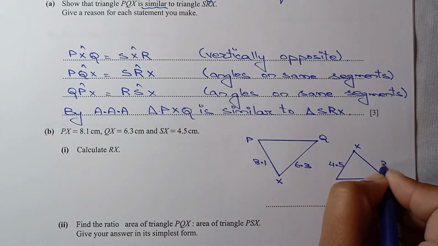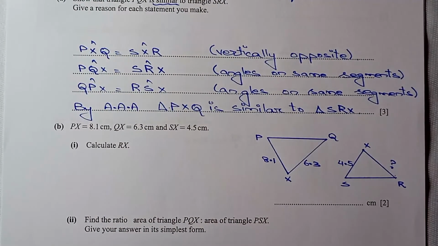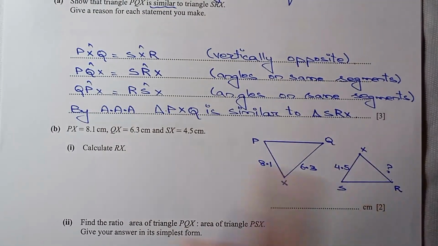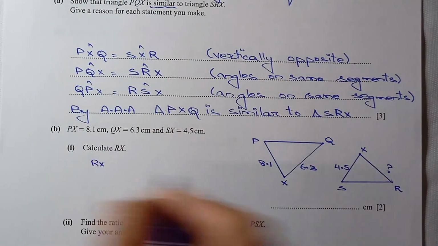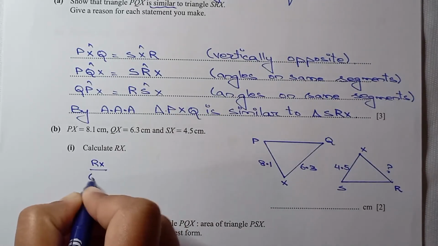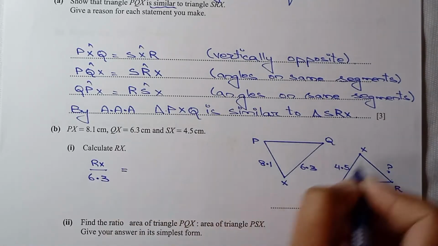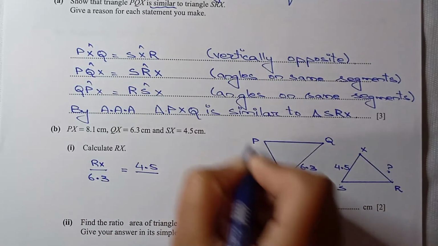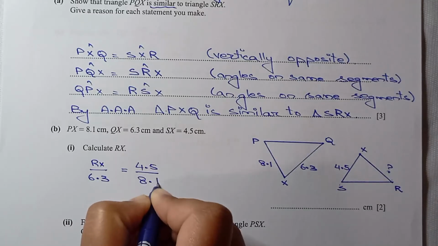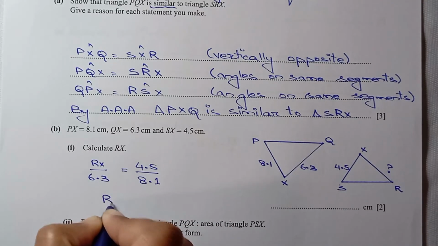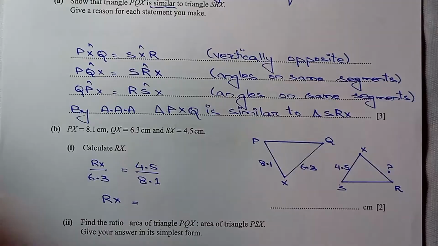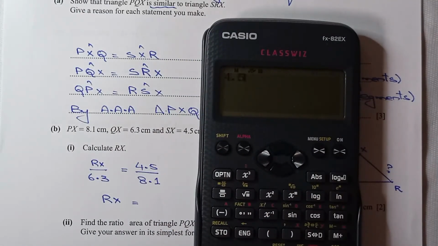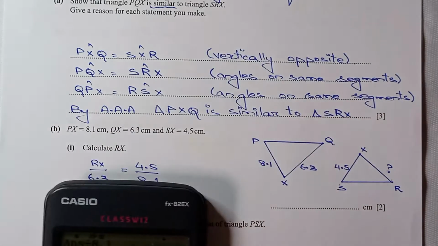We need to find RX. By using the concept of similar triangles, we can say that RX divided by 6.3, corresponding sides, would be equal to 4.5 divided by its corresponding side 8.1. So what is RX? RX would be 4.5 times 6.3 and then dividing by 8.1. So this is 3.5 centimeter.